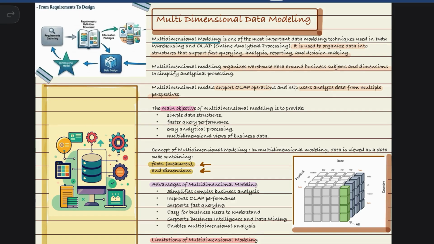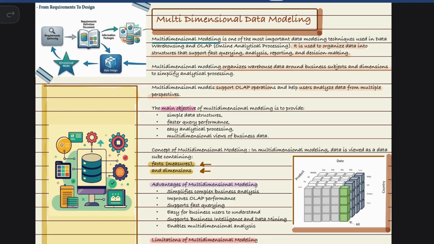Alright. So the advantage of multidimensional modeling is that it simplifies various things, and we can also perform the OLAP operations, and there is fast querying since we are viewing the data at the same time, and it is very complex as well. And it supports BI and data mining. Alright, but there are a few limitations as well. It requires careful design, and there is complex maintenance when it comes to Snowflake schema.